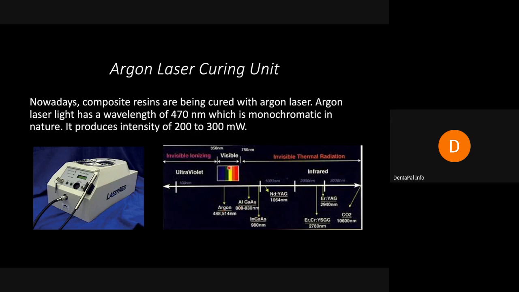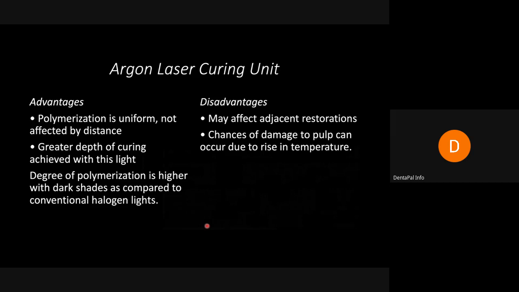For light curing, if I am talking about something between 400 to 500 nanometer, I should use argon laser because this is the only laser that has this range of wavelength. That's why argon laser was chosen, with an intensity of 200 to 300 microwatt, to be used for light curing composites. But what are the advantages of this machine?